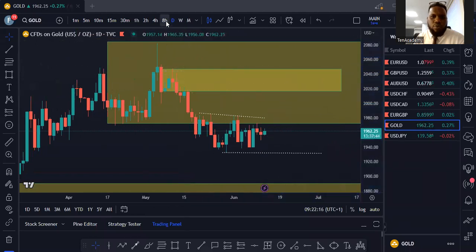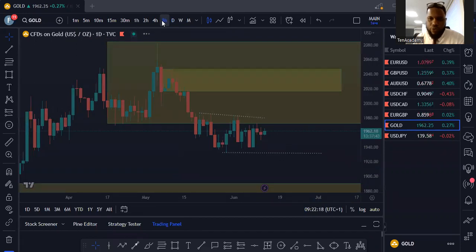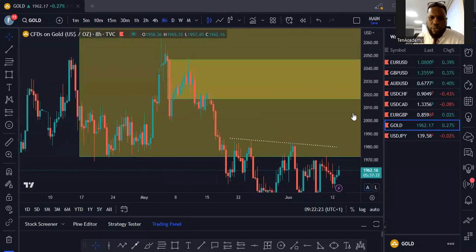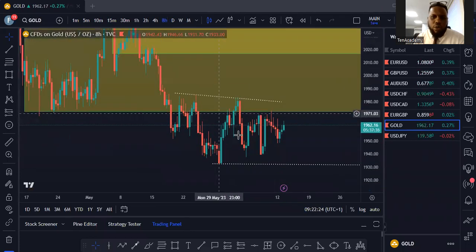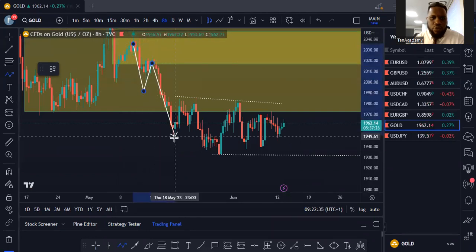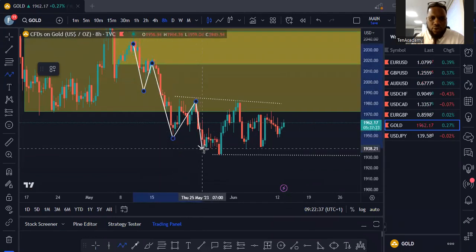Now let's get more data. Let's go to the 8-hour time frame. On the 8-hour time frame, what do we have going on? Okay, check it out. I already see some sort of change in momentum here. On the 8-hour time frame, you see price giving you structure like so.